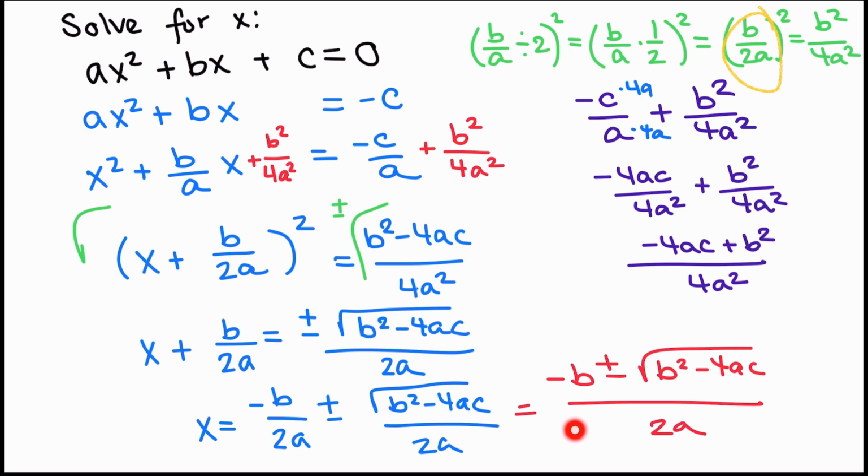So we have just used the method of completing the square to derive a formula that will give us the solution to a quadratic, any quadratic, of the form ax squared plus bx plus c equals 0. The method of completing the square is pretty long and can be involved, and so most people find it easier to just memorize this formula rather than using the method of completing the square every time.